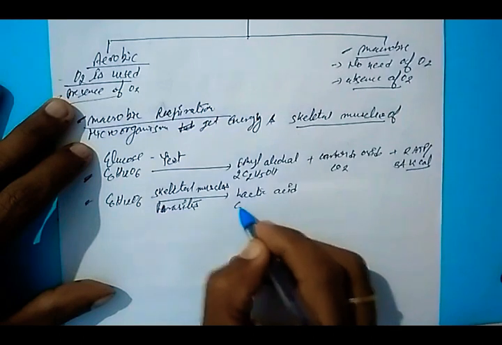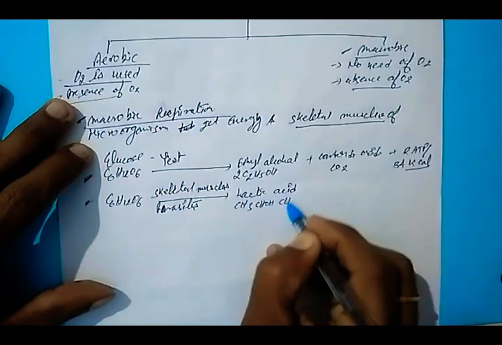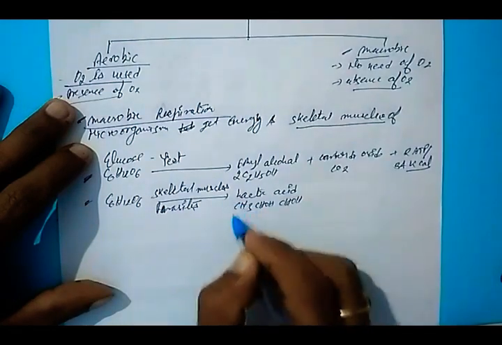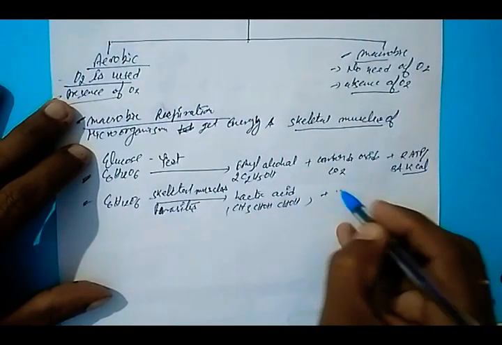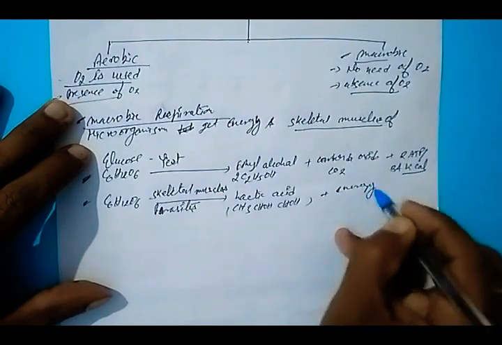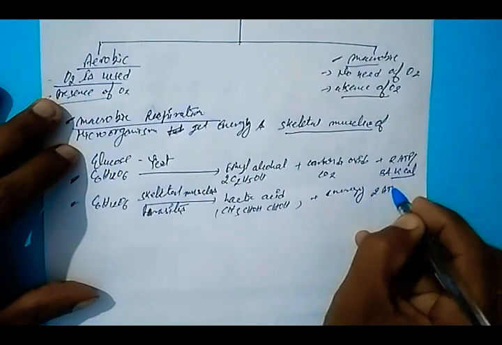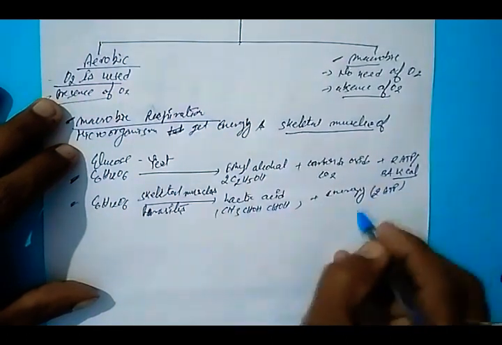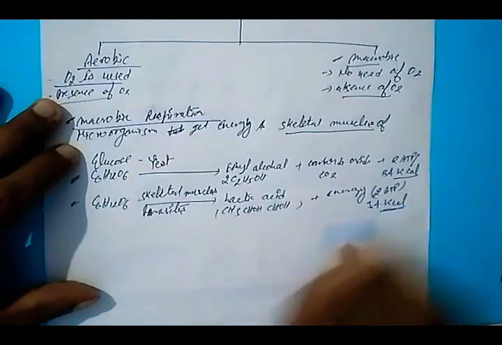The formula is CH3CHOHCOOH plus energy. It is equal to 2 ATP molecules, similar to 34 kilocalorie.